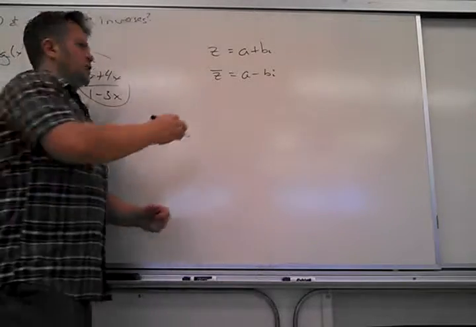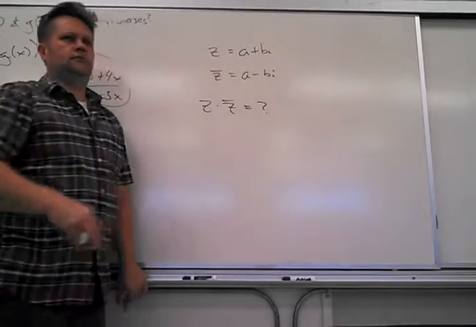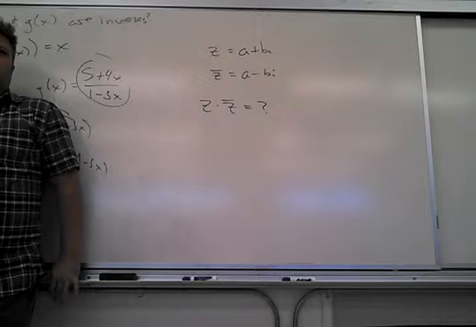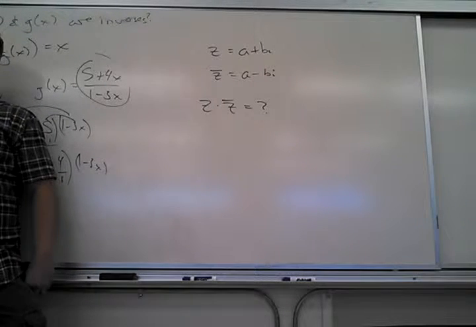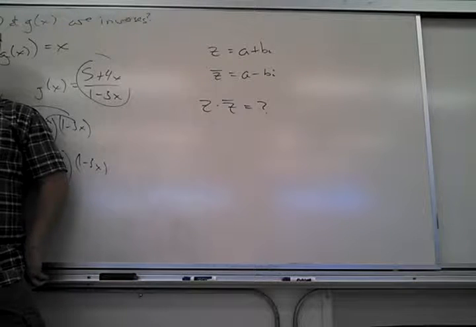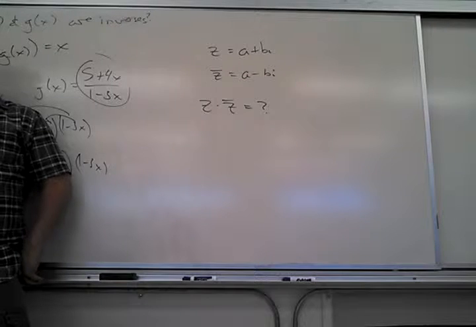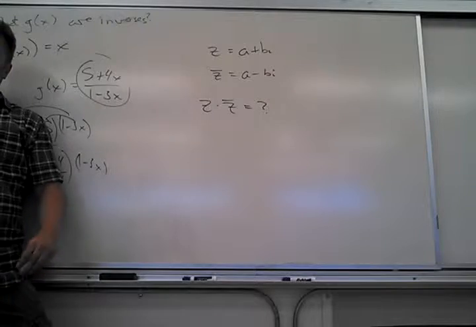So can anybody tell me anything about that? Without doing any work, can you tell me something that will always be true about that? It's going to be a difference of squares. In a way, I like it. It's related to a difference of squares, but the answer will always come out to be non-imaginary, otherwise known as real.